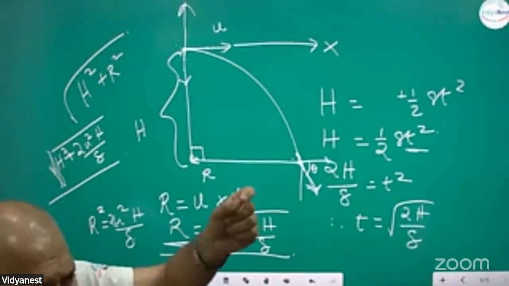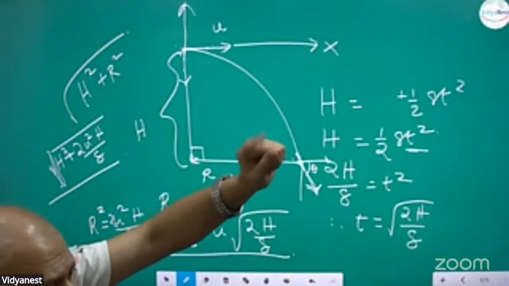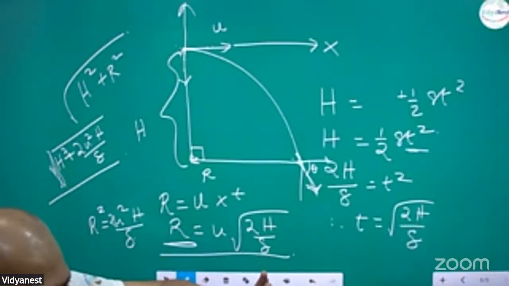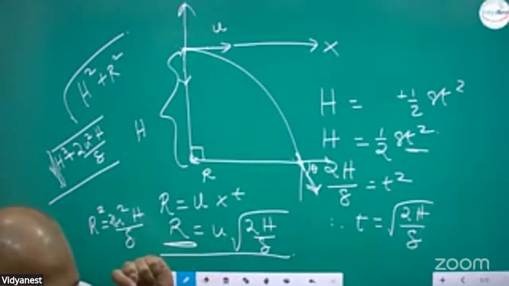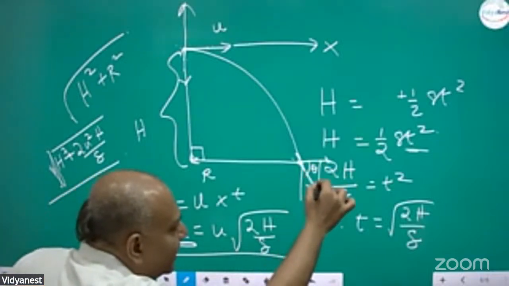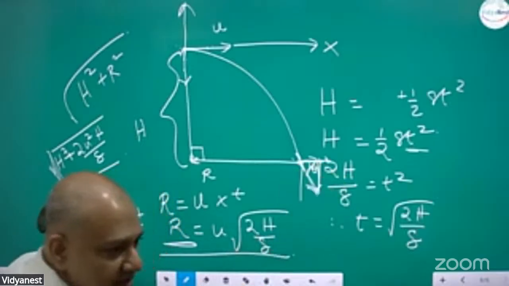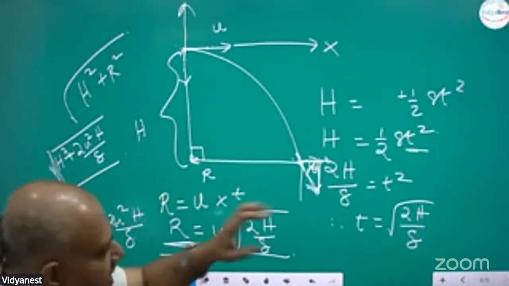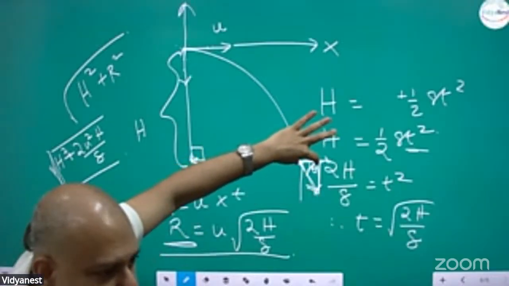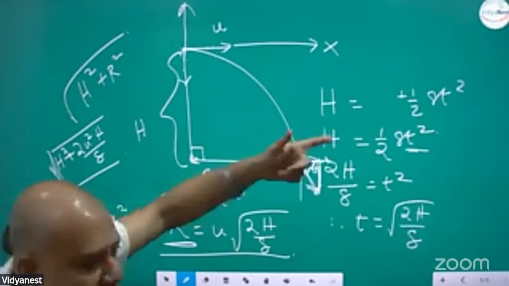By concept of the tan we have to use, but directly that formula we are not going to use. We are going to find tan. That is okay, up to that point you are correct. Actually, you have to see what is the vertical component of the velocity and what is the horizontal component of the velocity. Those two components we require. If I know the vertical component and the horizontal component, then the ratio of vertical to horizontal is tan theta.